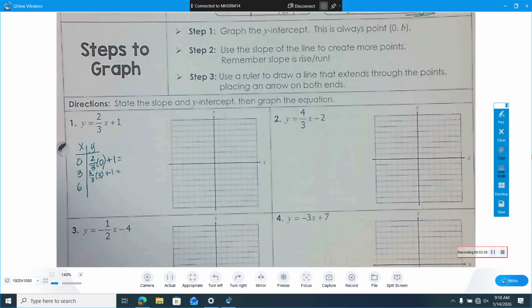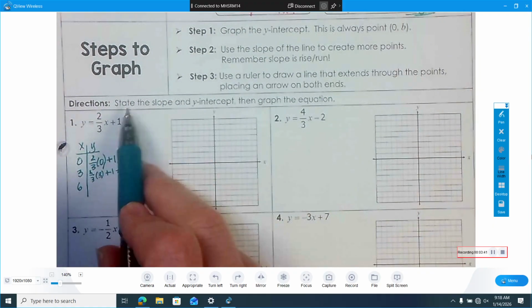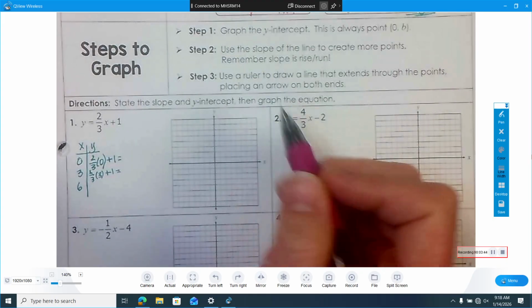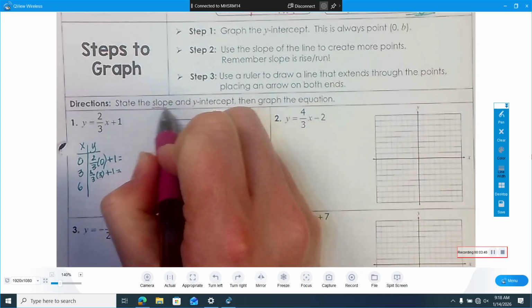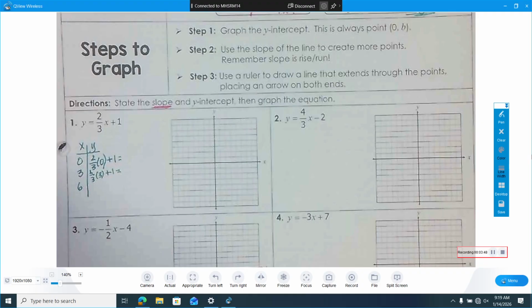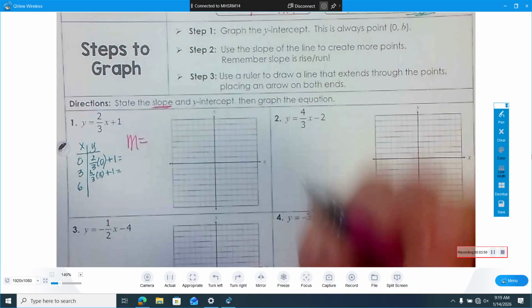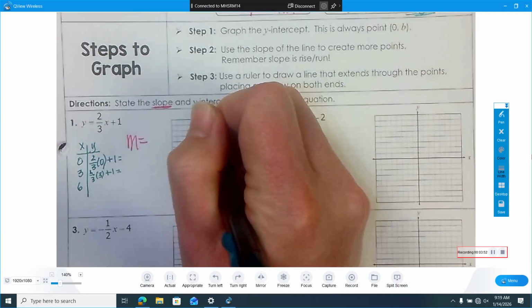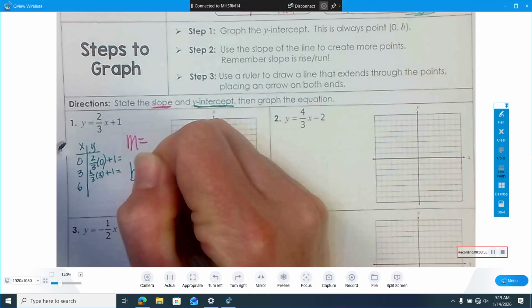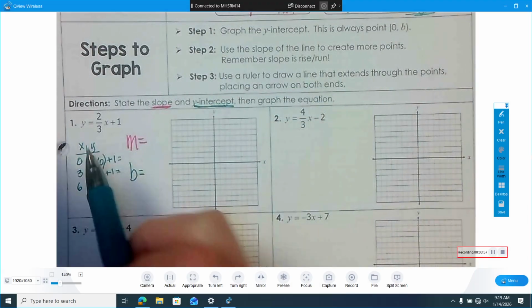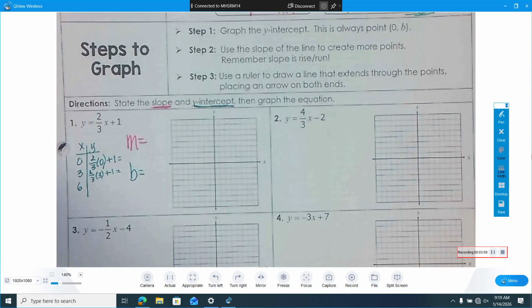So we're going to do some examples here. We want to state the slope and the y-intercept and then graph the equation. So first, I want us to identify the slope, which is the m, and the y-intercept, which is the b. All right? On this number 1, what's the m?